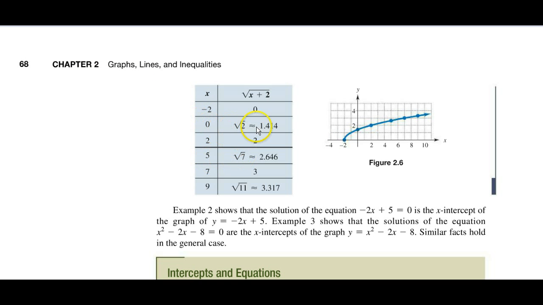They did use a 0. I guess that would be alright, because that is your y-intercept there. And you get this sort of curve.